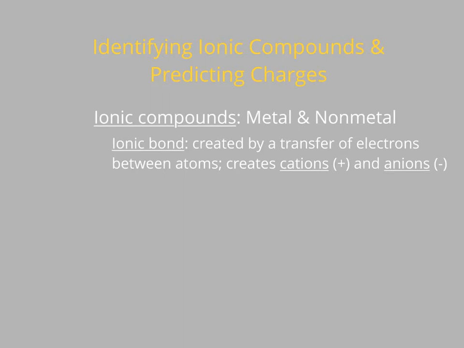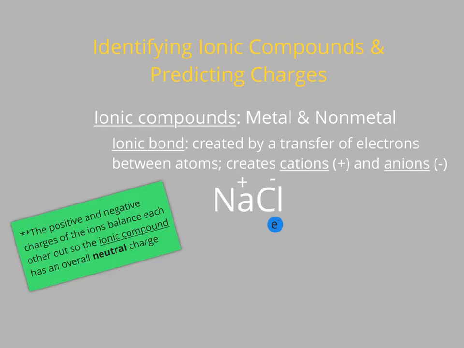If we take sodium chloride as an example, sodium is a metal and chlorine is a nonmetal. Sodium is our cation. It has a slightly positive charge because it gives up or donates one electron to chlorine. Chlorine has a slightly negative charge and is our anion.